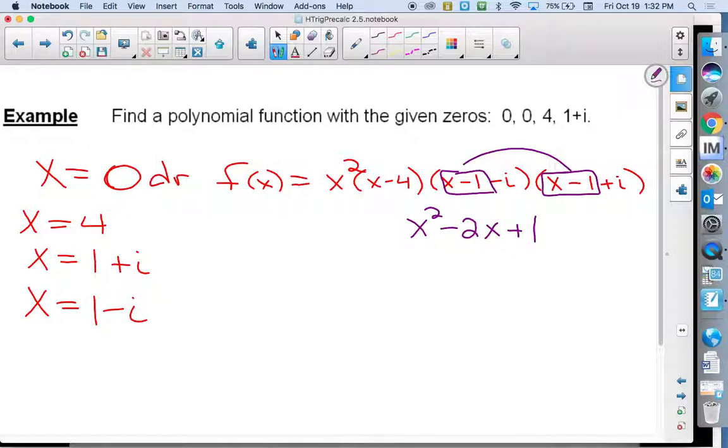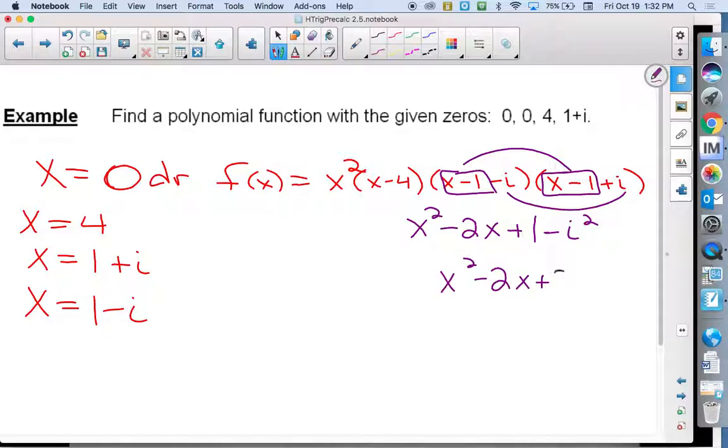If you combine those together, you're missing that negative 2x in the problem, eliminating it. And then multiplying the i's, negative i times i is negative i squared, which is really plus 1, so it'd be x squared minus 2x plus 2.